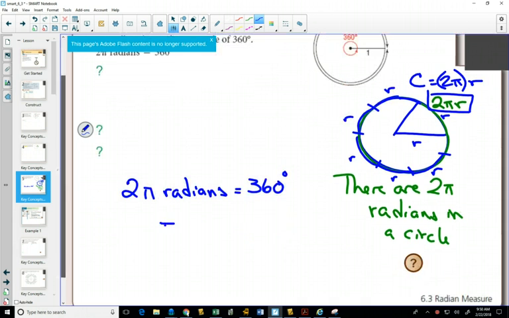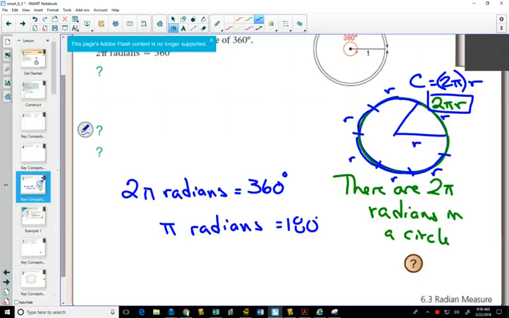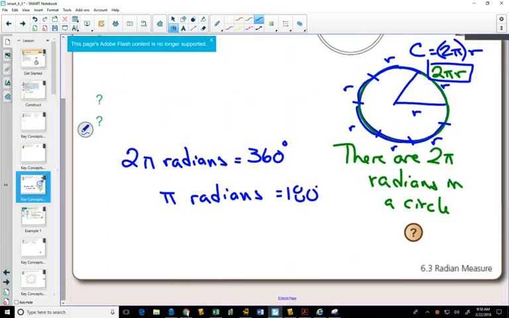For example, if 2 pi radians is equal to 360 degrees, how much is pi radians? 180. And from here, how would you figure out what 1 radian is? 1 radian would be 180 degrees divided by pi.